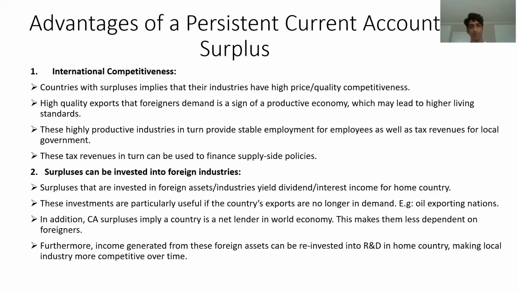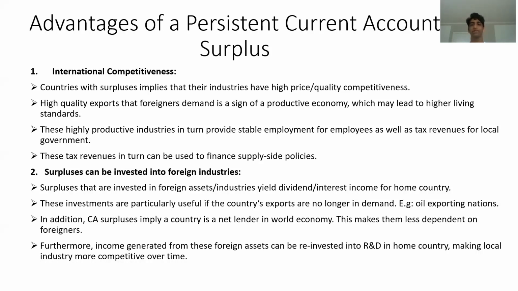And I think we can expand on that by saying that those high quality exports that foreigners demand are a sign of German productivity. It's a sign that German labor is very productive and the German overall economy is very productive. And think about economic development from the standpoint of a development economist.